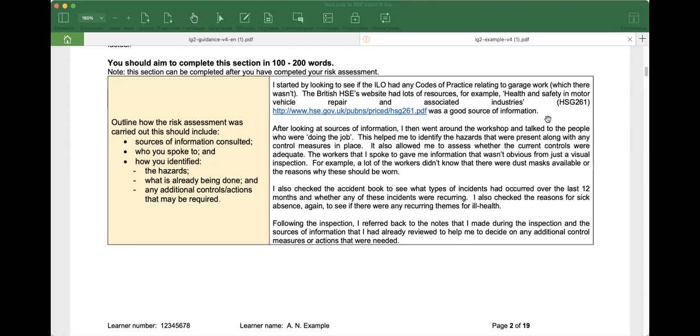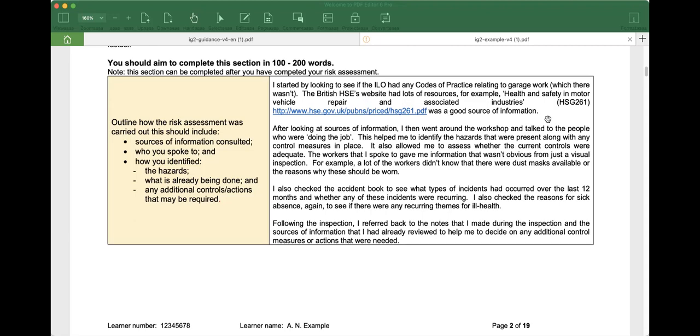If you find related information on the ILO website, you must give priority to the ILO. If you cannot find anything on the ILO website, then you will try to search on the HSE website.